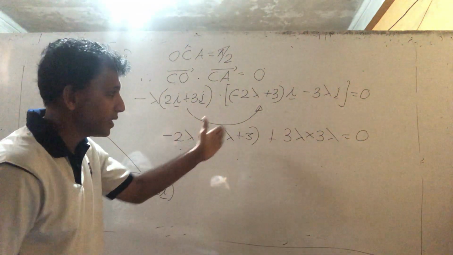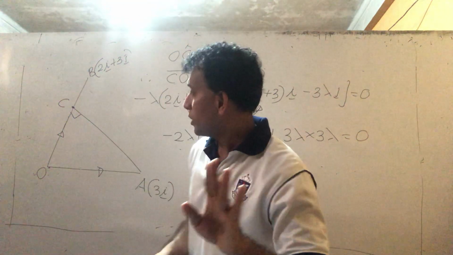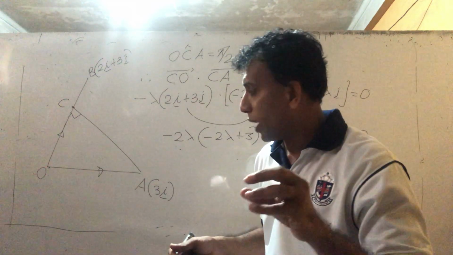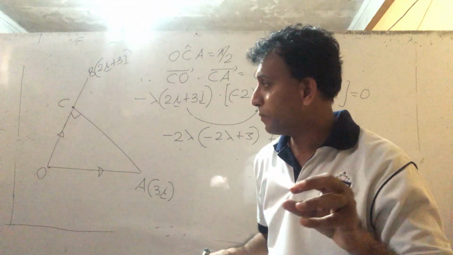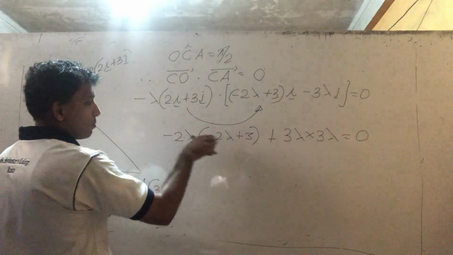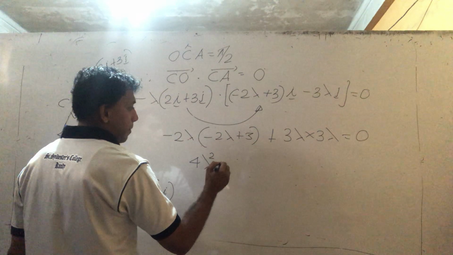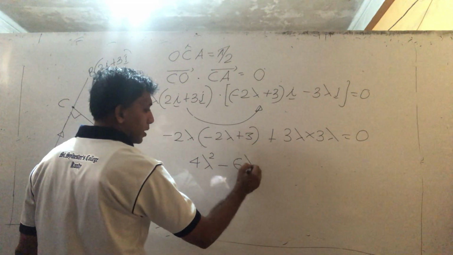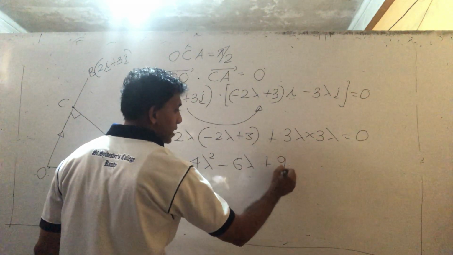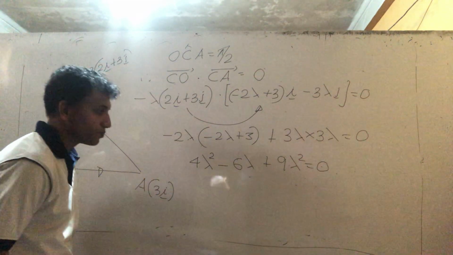Lambda is a scalar, but lambda is not 0. If lambda were 0, there would be no position vector of C. So lambda is not 0. Multiplying out the brackets, 4 lambda square minus 6 lambda plus 9 lambda square equals 0.